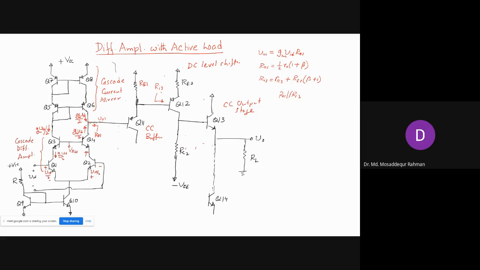That will lower your gain. Whatever gain you achieved by introducing this cascode configuration will be lost, because of the low input resistance here.